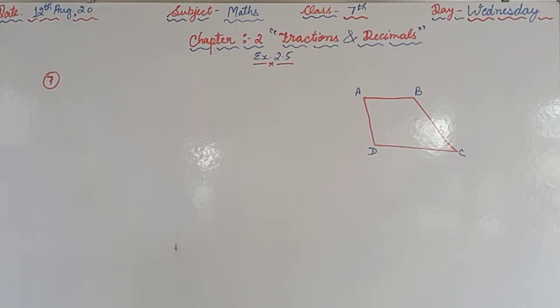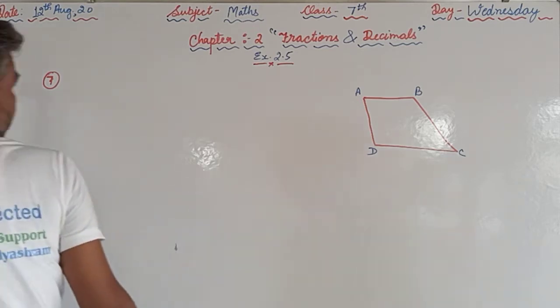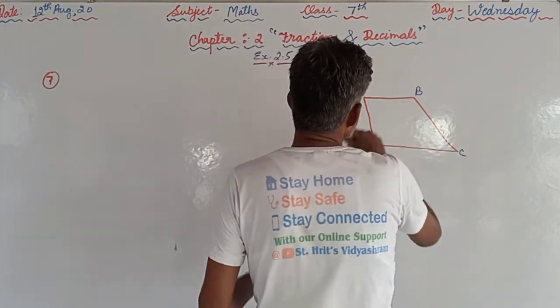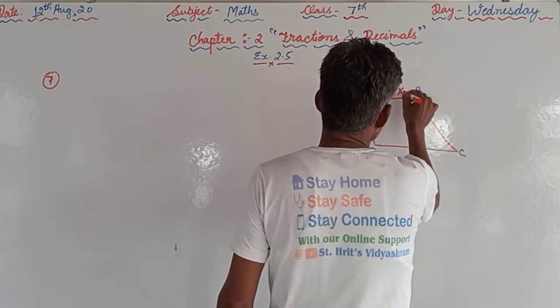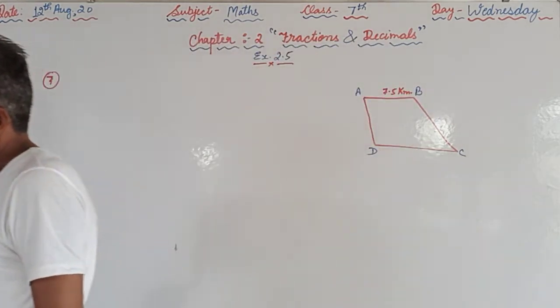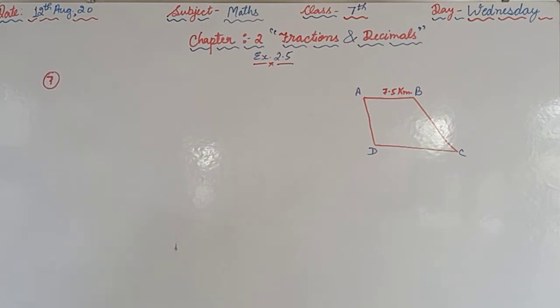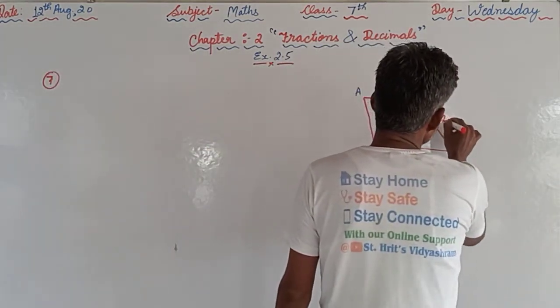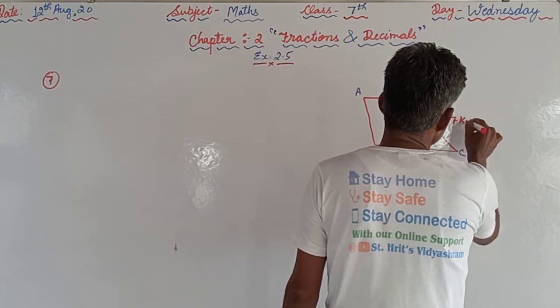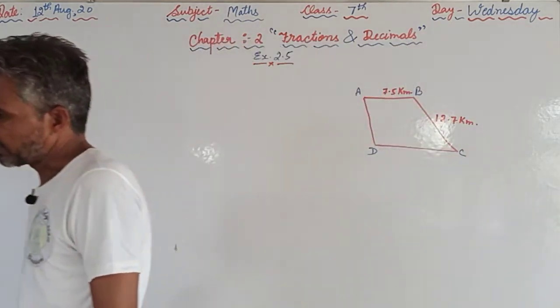A is 7.5 kilometers from B, and B is 12.7 kilometers from C. So BC is 12.7 kilometers.